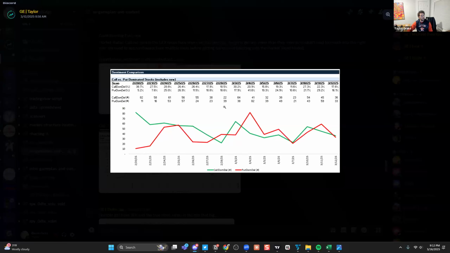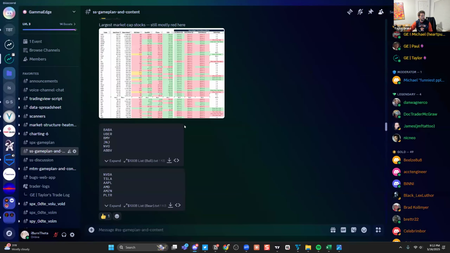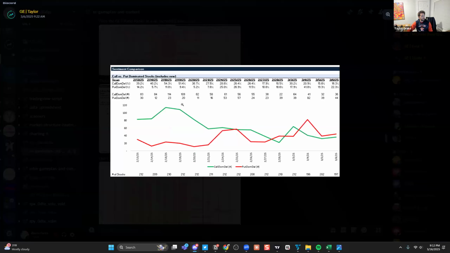Generally, call dominated is well above put dominated stocks right now. They're both quite small. Let me go try and find an example. Back here, you can see it's like 120 to like 20. This is a lot more of what we see in bullish conditions. Most stocks are call dominated. So that's an important thing to look at.